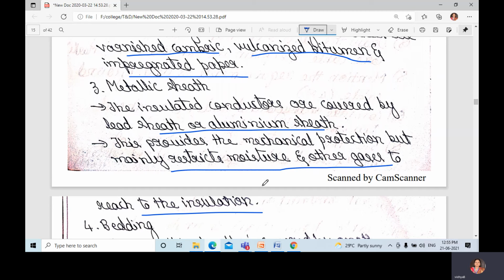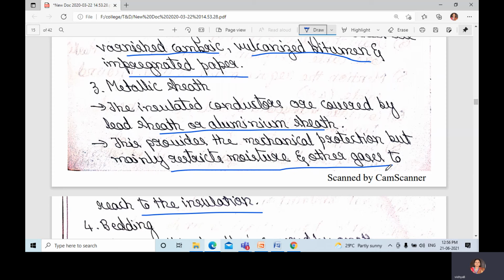It should not get damaged, so they provide a metallic sheath.